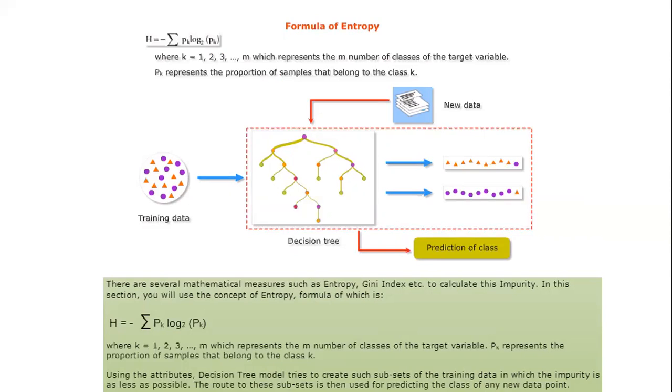Next row, in the month of January, on this Sunday, the weather was cloudy, the humidity was really high, but still we were able to play. One more day, we have one more row with the data, this was the weather condition, this was the rain condition, this was the humidity, and we were not able to play.